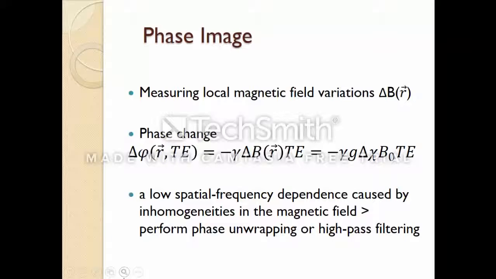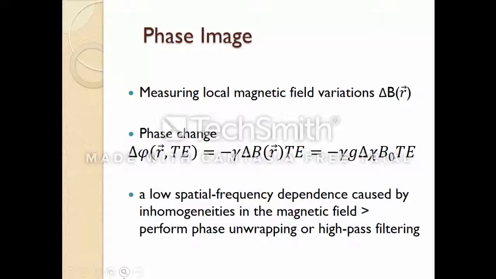Susceptibility is one of the measures of the magnetic properties of a material. It indicates the magnetic response of a substance when it is placed in an external magnetic field. As a result, the phase change depends on the local tissue susceptibility. For this imaging technique, only diamagnetic and paramagnetic substances are considered.